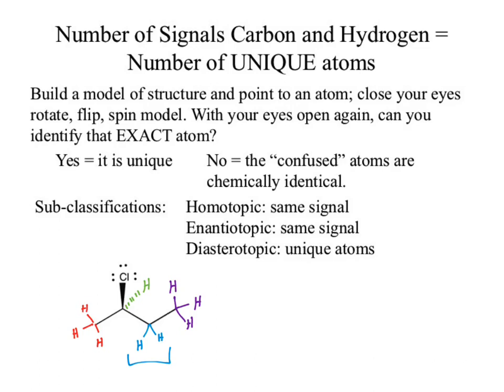But if you take the model and build out the model, you will be able to chemically distinctly identify each of those hydrogens. Why? Because the chlorine and that green hydrogen are locked in those positions. There is no way that the now soon-to-be orange hydrogen can be confused with the blue hydrogen.